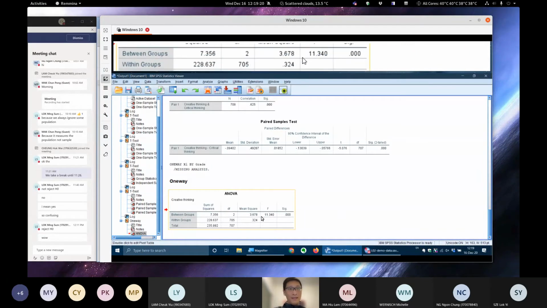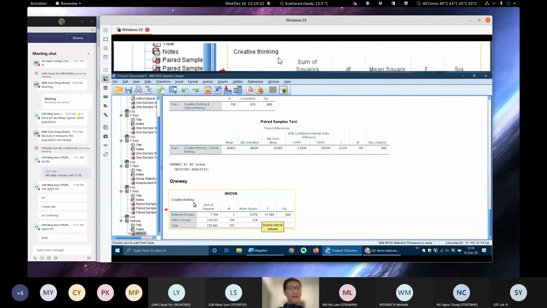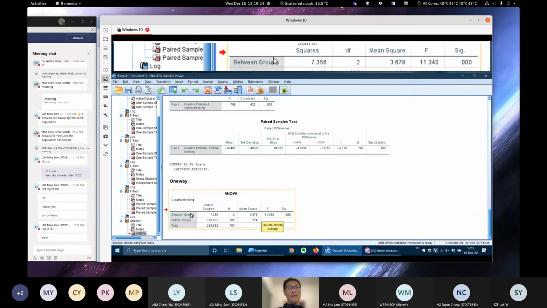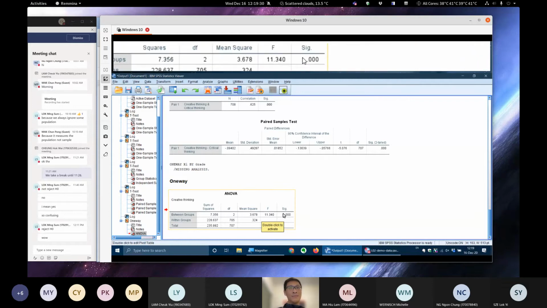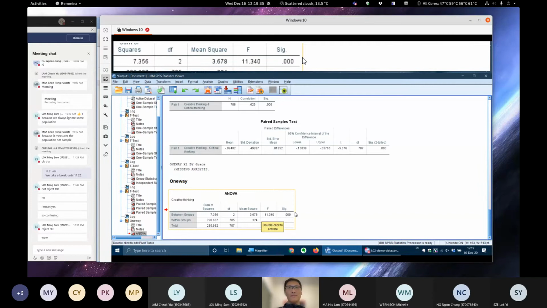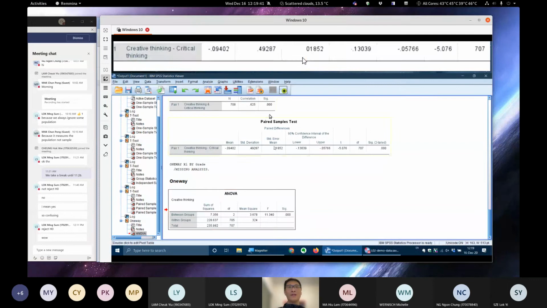This is the ANOVA table. It is testing the creative thinking. There are many rows, but fortunately, the only thing you need to look at is this number. Okay, ignore everything else. So the Sig here, again, is the p-value. So we have done this multiple times now.